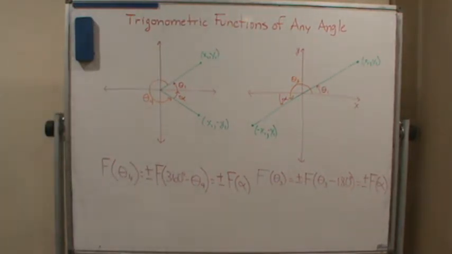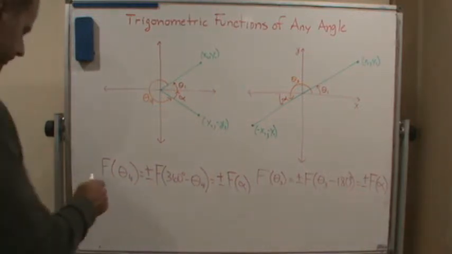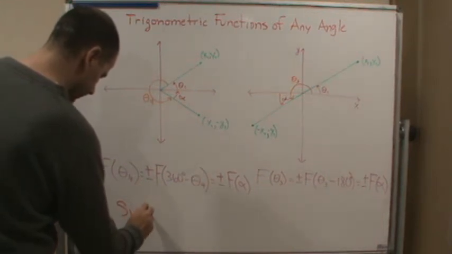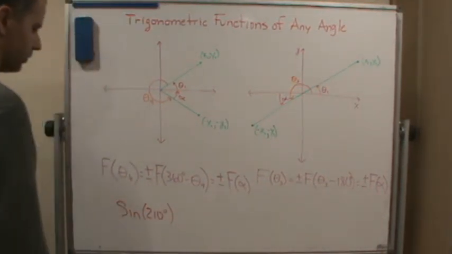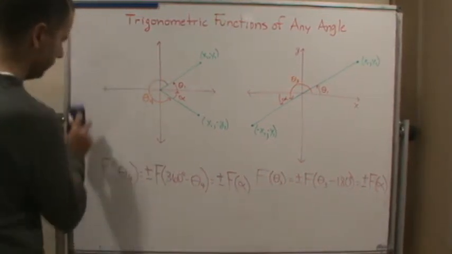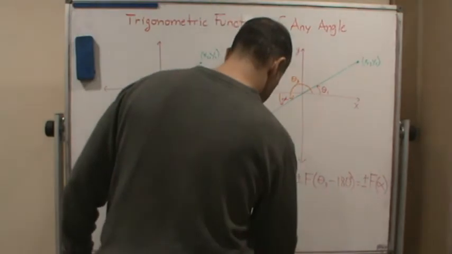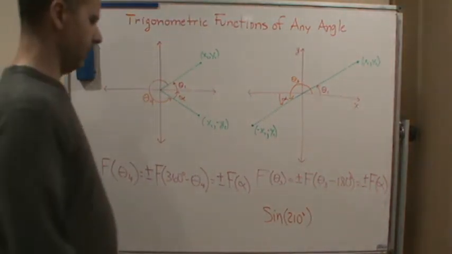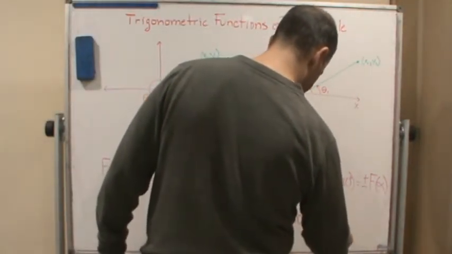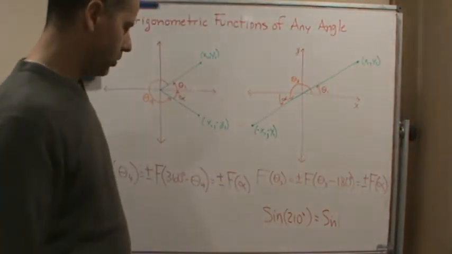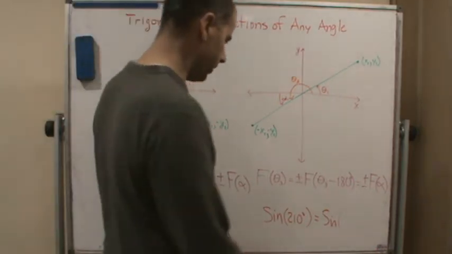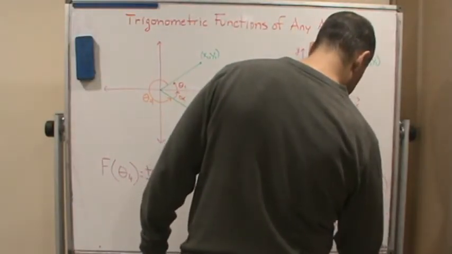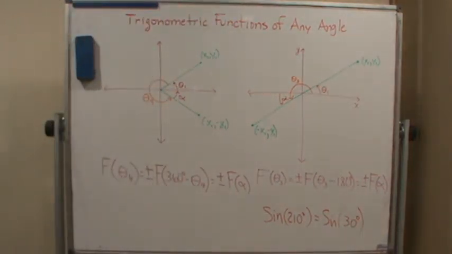So for example, sine of 210. So the sine of 210 is equal to the sine of what? 210 minus 180, which is 30 degrees, which is equal to negative 1/2.